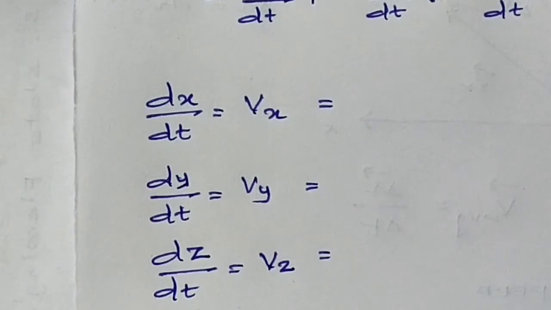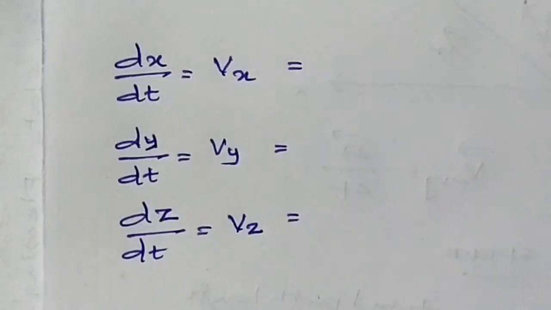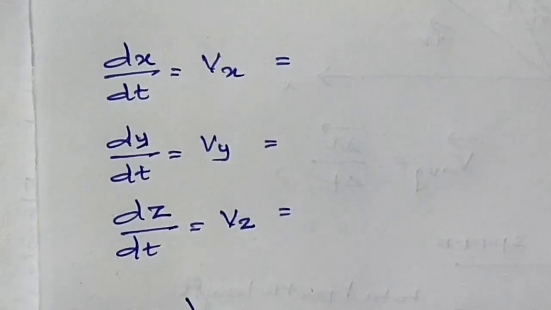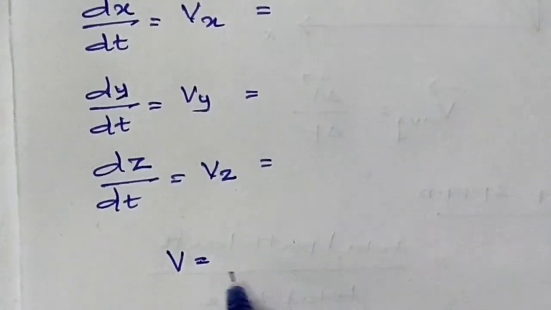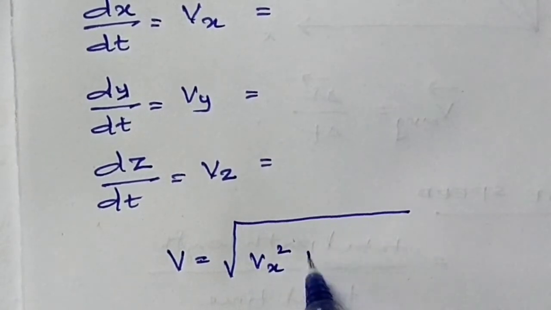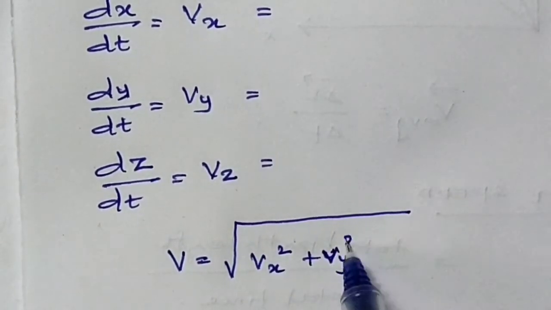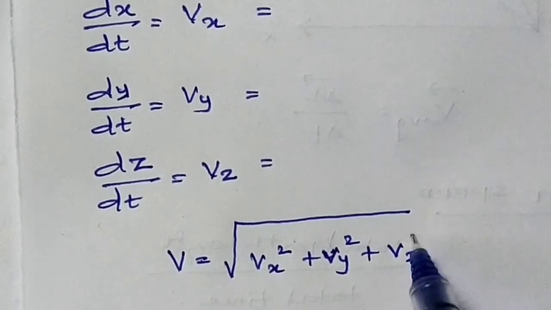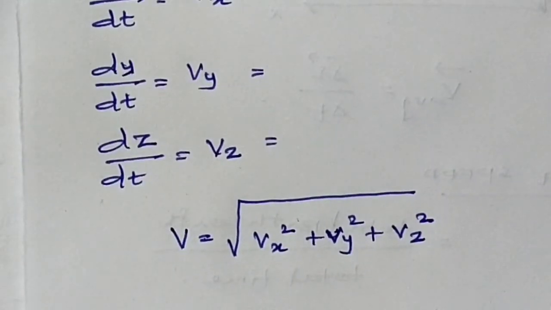So the position vector changes in the x, y and z directions depending on time. Now we find the magnitude of the velocity, which is the square root of vx squared plus vy squared plus vz squared. That is the speed, always a positive scalar.